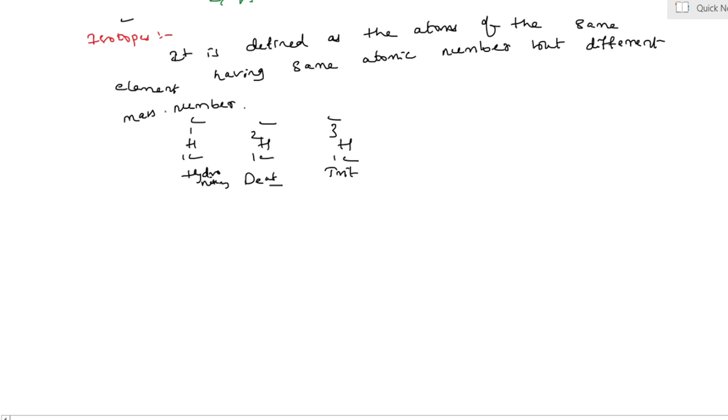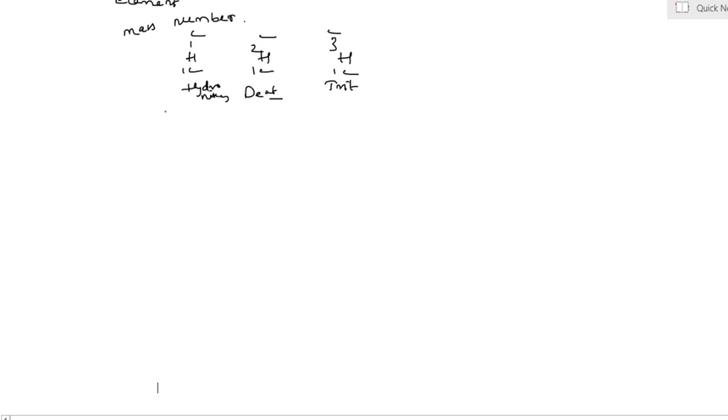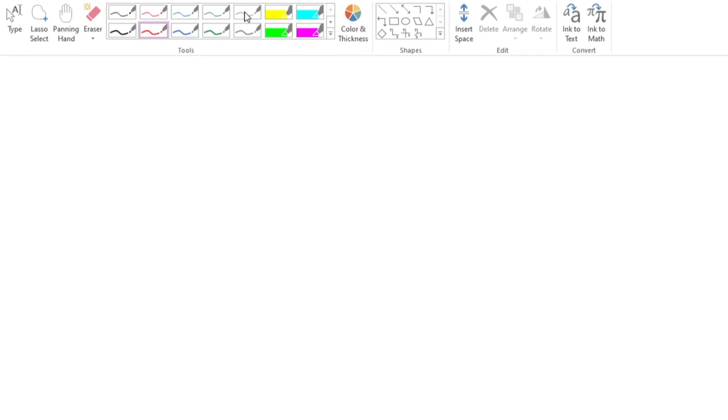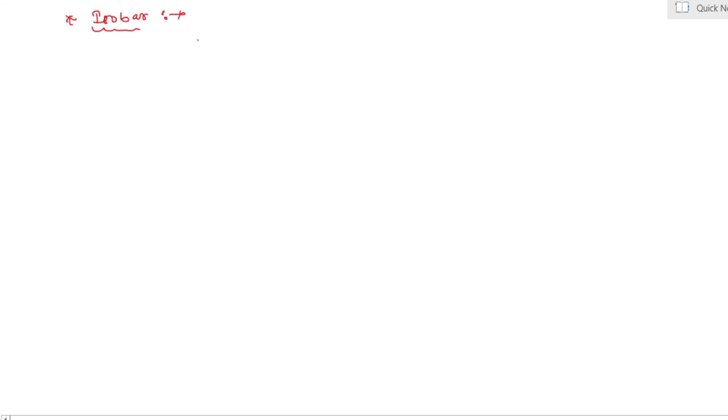Now, the last discussion point is isobars.